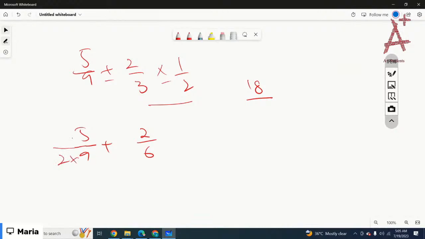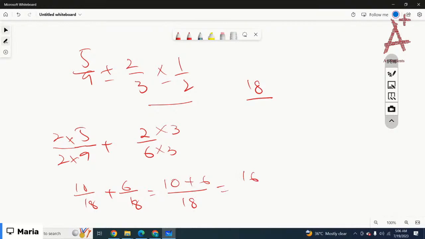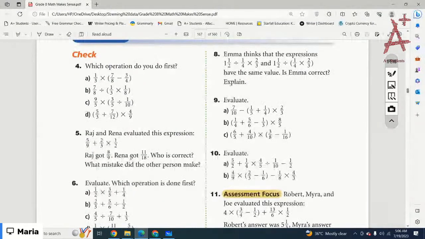Just multiply this fraction by 2, and 6 times 3 is 18. Okay, it is 10 over 18 plus 6 over 18. Now they have the same denominators, just add their numerators. 10 plus 6 is 16 over 18. So that means the correct answer is 16 over 18.